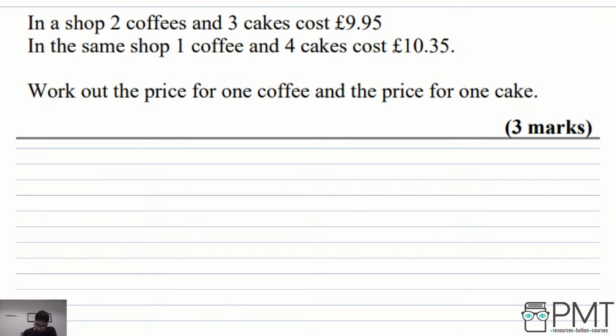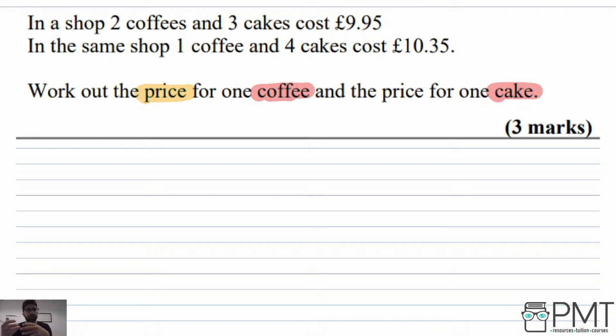So we have got coffees and cakes. You're interested in the price, and then you have got two things. You have a coffee and a cake. So let's call these something. It doesn't matter what you give them.